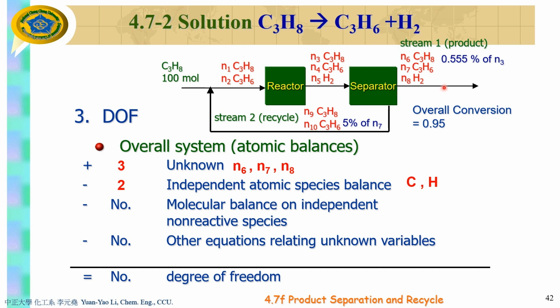So how many molecular species balances? There's none, because this species involves chemical reaction. So there's 0. How many specifications related to input and output? 1, right? This is the overall conversion. Remember, overall conversion is related to this one and N6?